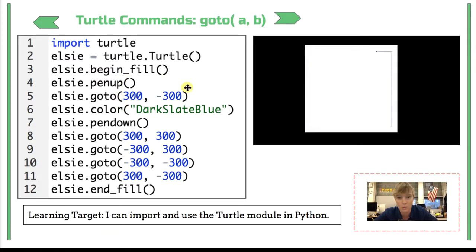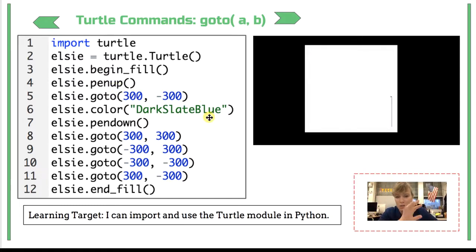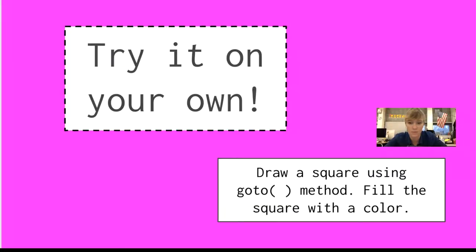So you'll experiment with the edges of the screens that you use, and it's going to depend on how wide the canvas is on your panel when you run it. You can open the panel up to make your canvas a little wider before you run it. Now I want you to draw a square using the go-to method and fill the square with color.